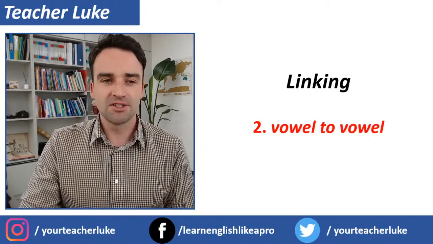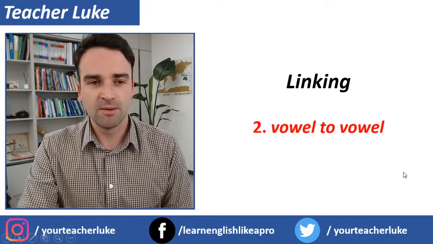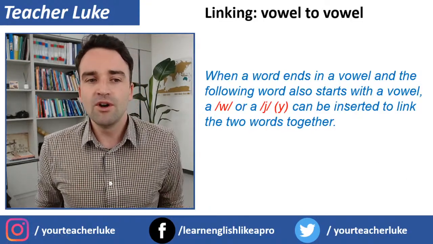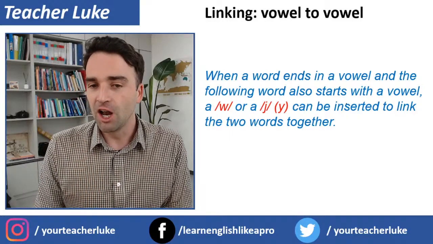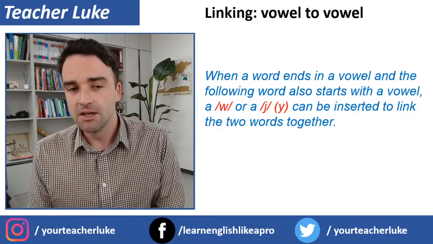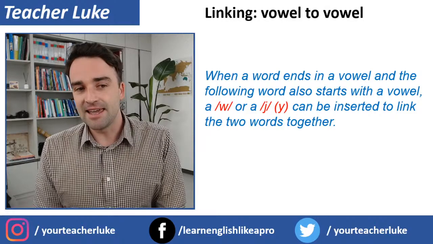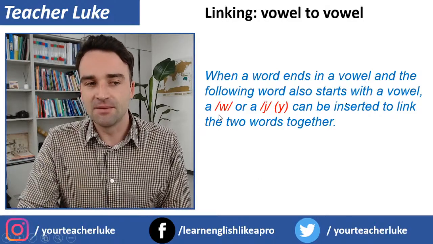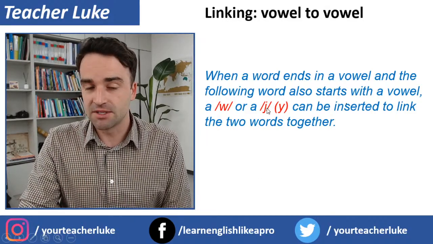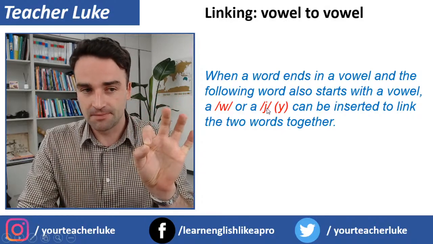Okay, so let's move on to linking with vowel to vowel. This one's a little bit more tricky. When a word ends in a vowel and the following word starts with a vowel, usually we link it with a w or a y sound in between the two words.